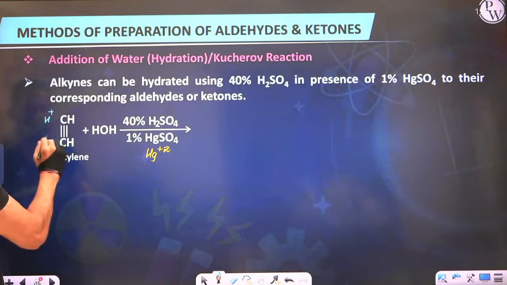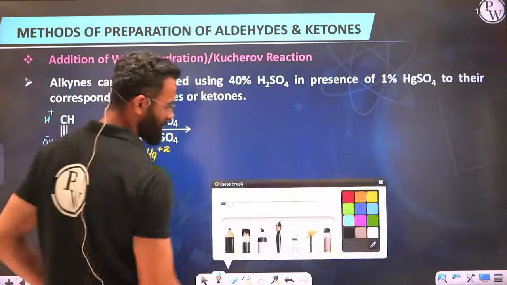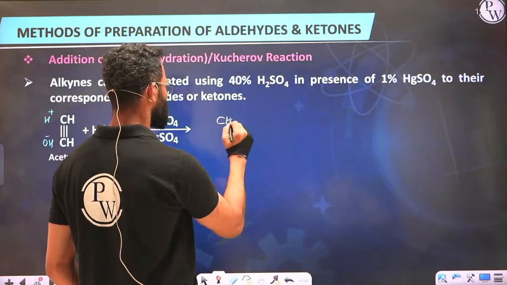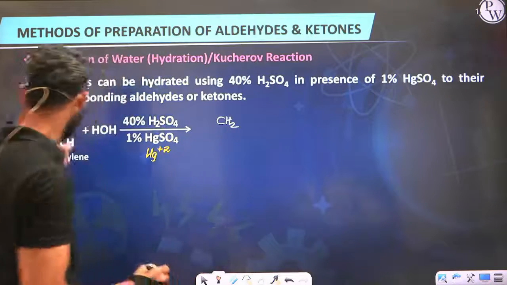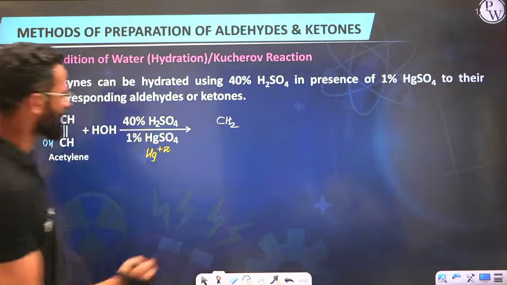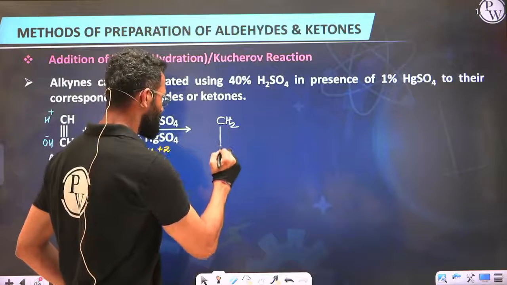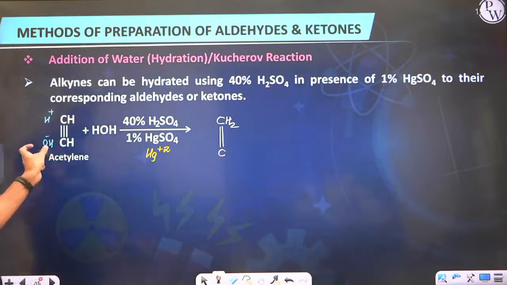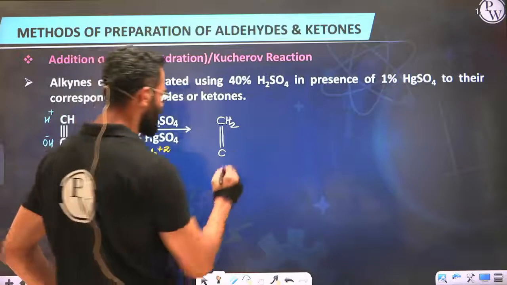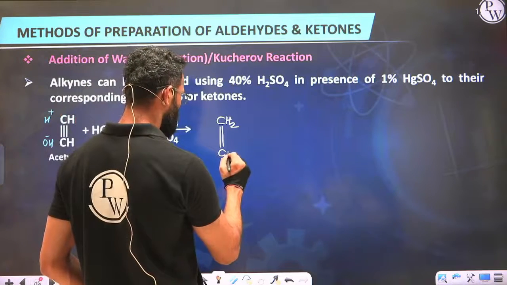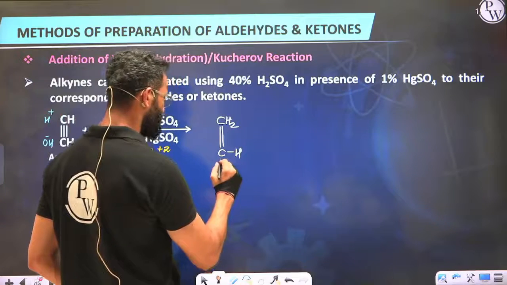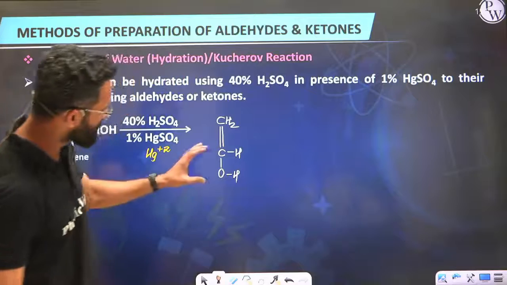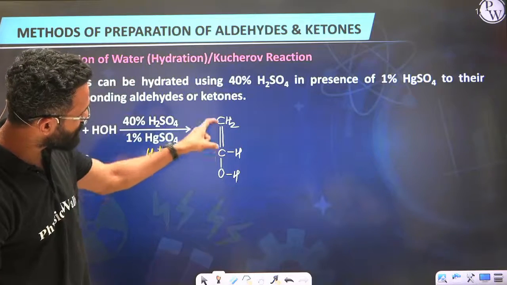So we will get a compound as CH2, you had CH, one more H plus added, the triple bond will become double bond, carrying carbon with one hydrogen connected to OH. So now we have CHOH. If you observe this compound, it is nothing but an enol.